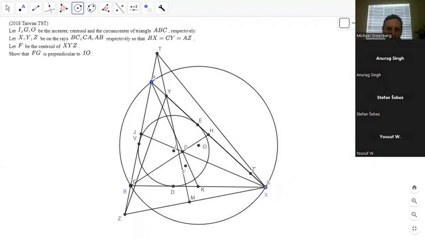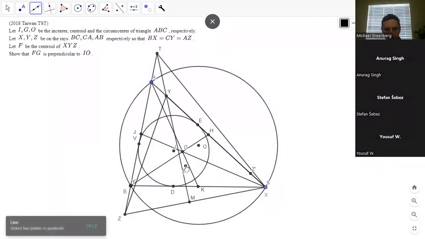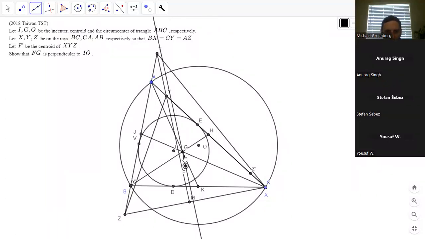So we want to show TY is parallel to FG. Maybe we could use some kind of homothety.